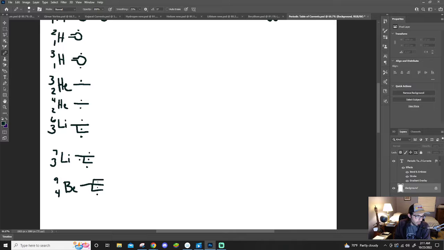Boom, boom, boom, boom. Boom. 5 neutrons. So this is the key. 5 neutrons, stable particle. Okay, so I'm going to just keep putting in all of the stable isotopes. That's what I was doing. I was looking at what isotopes are actually stable.